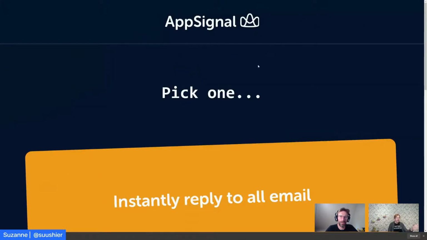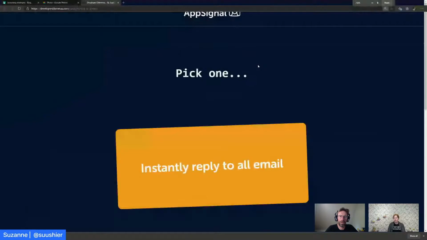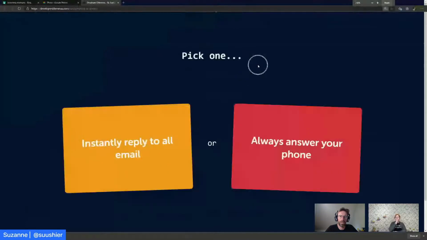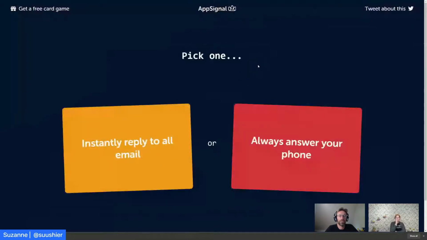Oh, look at this one. Instantly reply to all email, or always answer your phone. Oof. Does that allow you to have email rules?